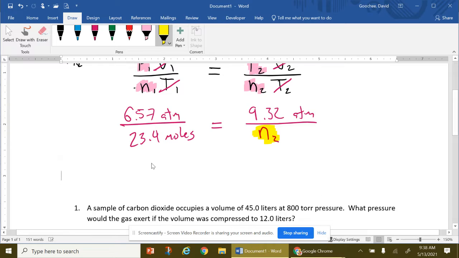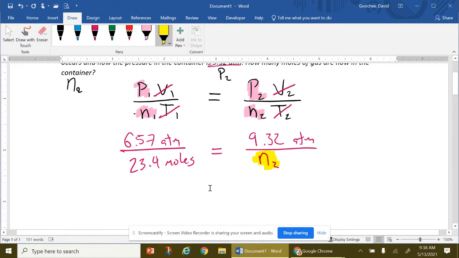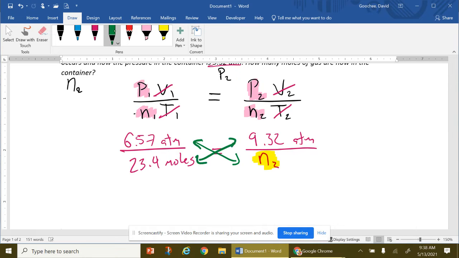Now, this is a problem where you're solving for the denominator. At this point, guys, this is all algebra, all right? If you're okay with algebra, then go be free and do your algebra. But if you need a little bit of an algebra reminder, and probably more so this year than ever before, if you have to solve for a value on the bottom of a fraction, this is a key moment to whip out the old cross multiplication. Okay, cross multiply.